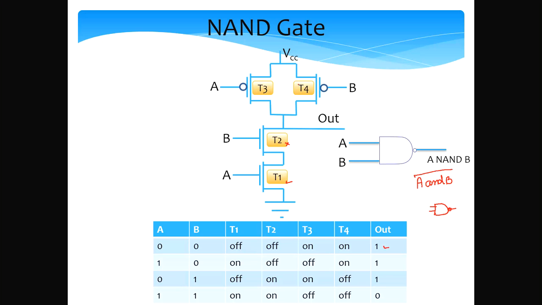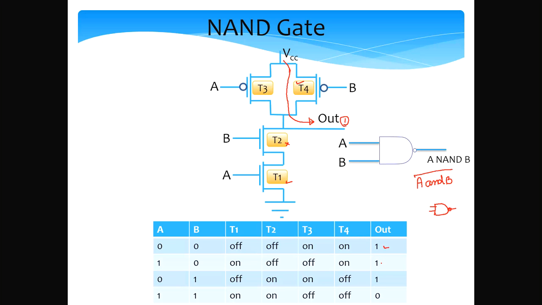But since B is 0, T4 is turned on. Hence we have a conducting path between the supply voltage via T4 to the output terminal, right? So current can flow like this. As a result, the voltage here will get set to roughly the supply voltage, and we can assume that it's a logical 1.